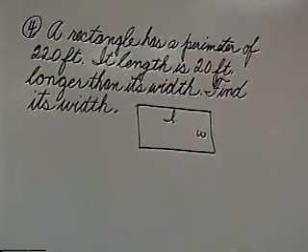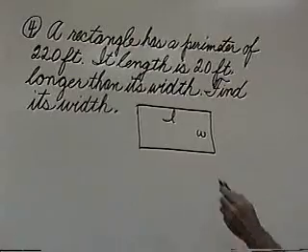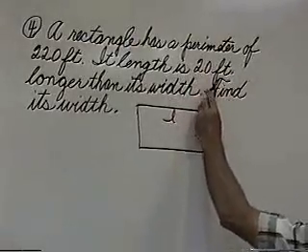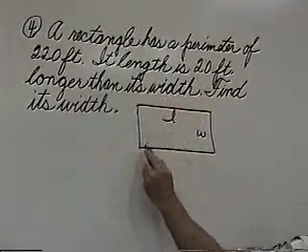A rectangle has a perimeter of 220 feet. Its length is 20 feet longer than its width. Find its width. Oh, wait a minute now. A rectangle has a perimeter. Well, what's the perimeter of this?